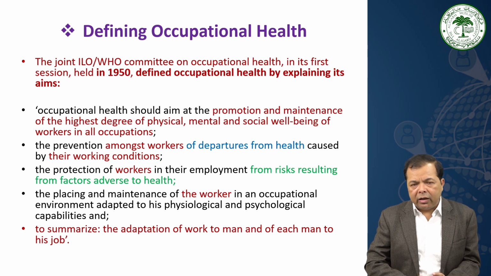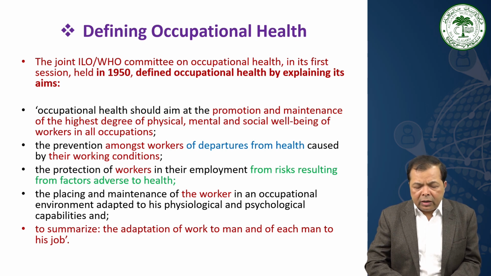So, what is stated here is that it aims at promotion and maintenance of the highest degree of health in all occupations. So, irrespective of the occupation the person is engaged in, the person is entitled to enjoy the highest level of health, because that is the right of the individual as a human right.